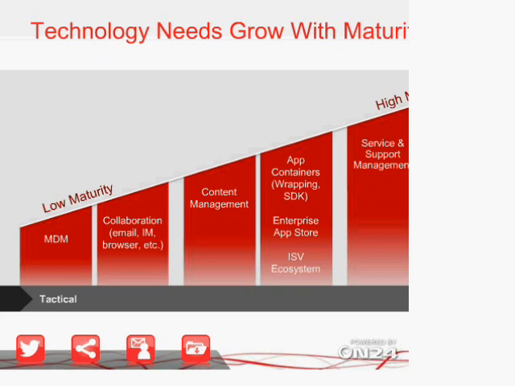And so we need two things. We need to be able to use these technologies in such a way that doesn't require us to, in a linear way, add additional personnel for every 2,000, 5,000 people we add to the system. We need something that scales, something that provides visibility from the carrier all the way down to the device. And so you'll continue to see service and support management be really important.